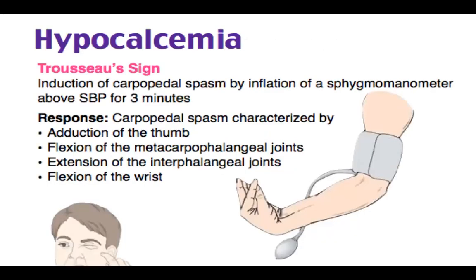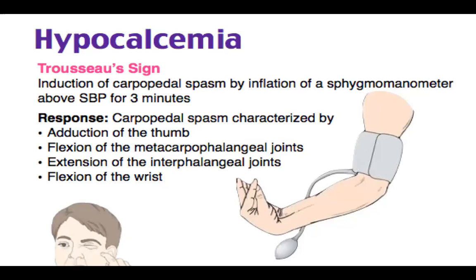So how do you elicit the Trousseau sign? In the Trousseau sign, you induce a carpopedal spasm by inflation of a BP cuff on the arm, and you inflate it about 20 millimeters of mercury above systolic pressure for 3 minutes. For example, if the systolic blood pressure is 110 millimeters of mercury, you will inflate it up to 130 millimeters of mercury and keep it inflated there for 3 minutes.